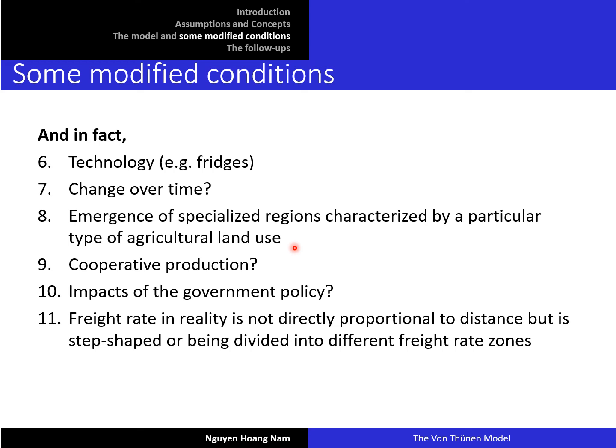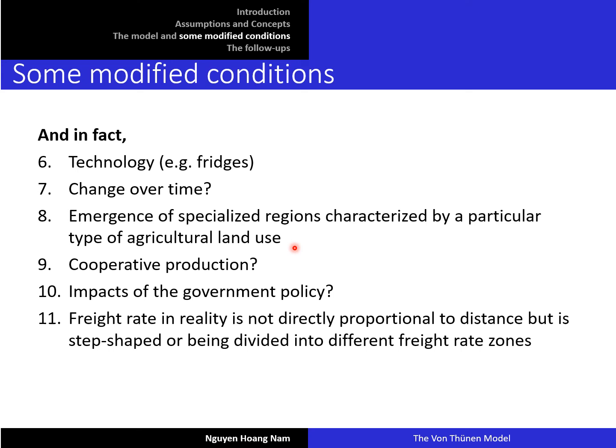We see that it's changing rapidly recently, and there are a lot of factors that belong to our neighbors like China and the upper Mekong River countries that we cannot control.